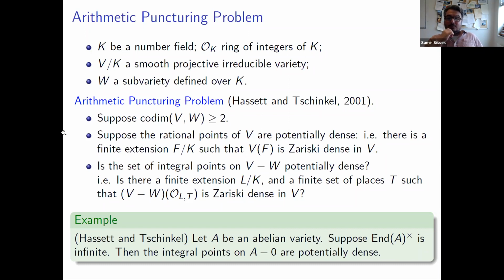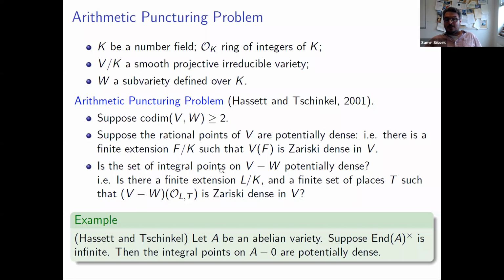And the other assumption is that you suppose that the rational points on V are potentially dense, which means that there's a finite extension, F over K, such that the F-rational points on V are Zariski dense. And then the question is, are these two conditions sufficient to imply that the set of integral points on the punctured variety, V minus W, is potentially dense?